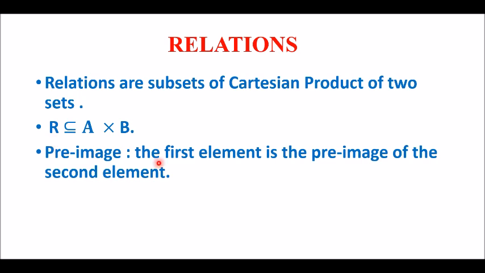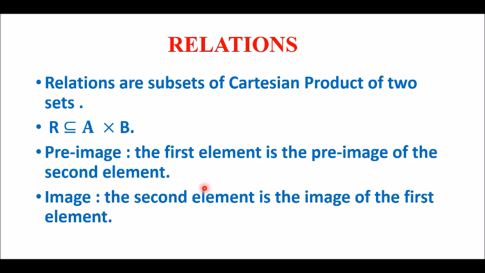So this is the meaning, the first element is the pre-image of the second element. The next definition you are supposed to know is the image. The second element is the image of the first element. It means, taking the same example, if (x, y) belongs to R, then y is the image of the first element. So these are some new terms in relation.